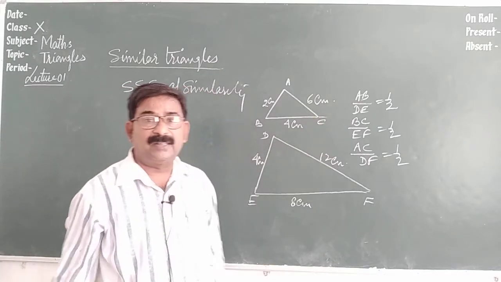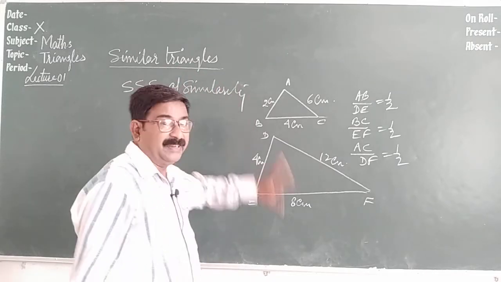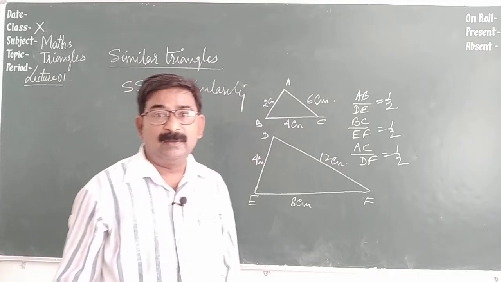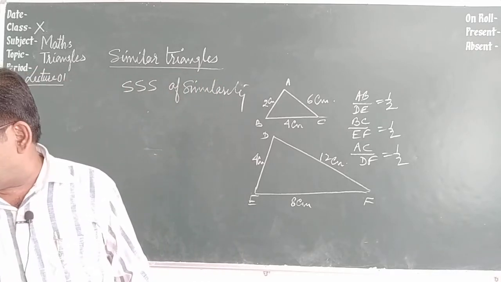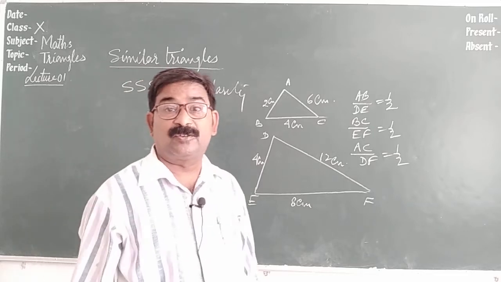So the triangles are said to be similar by the SSS criteria of similarity. This is different from SSS congruency.